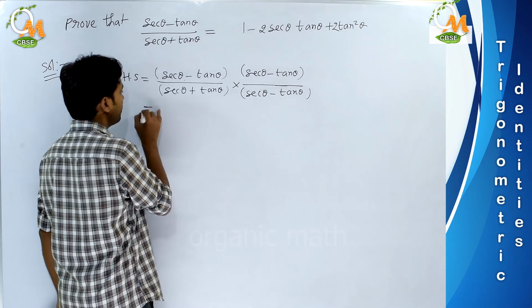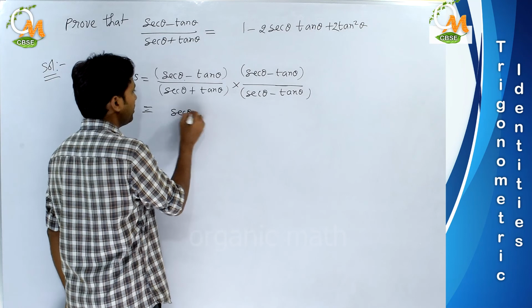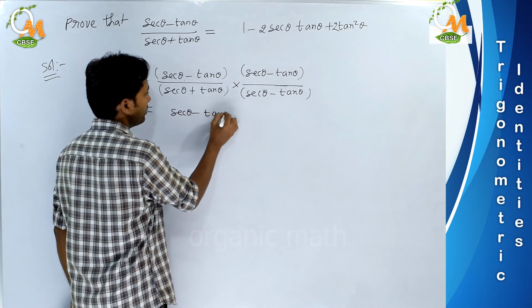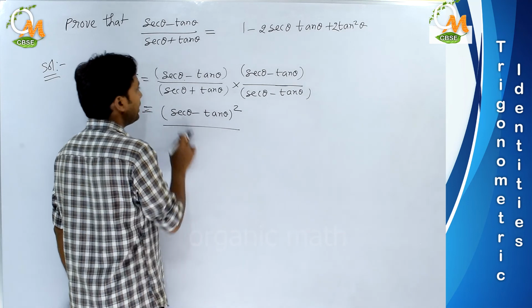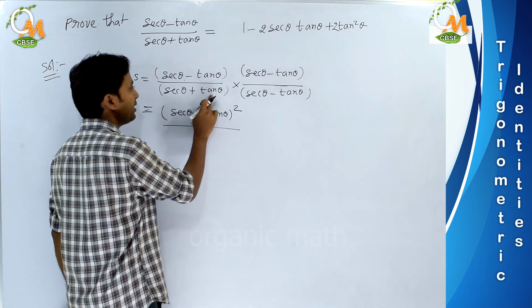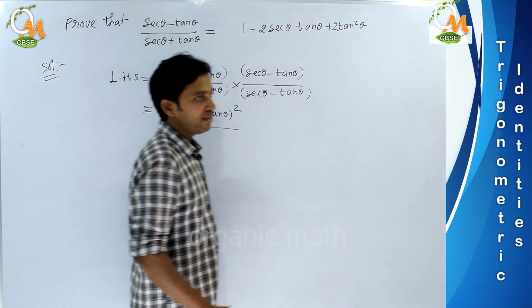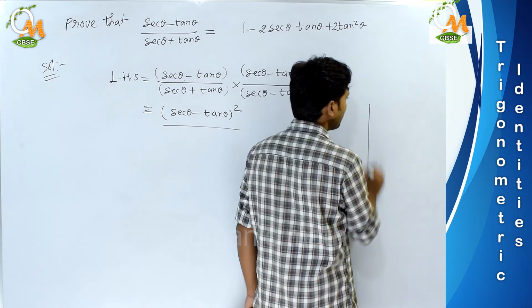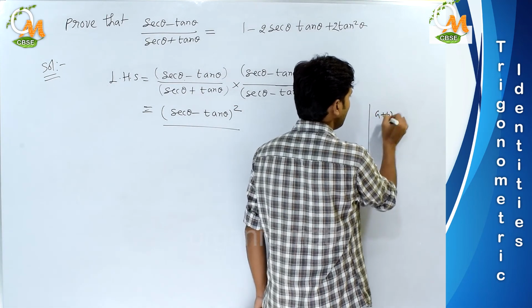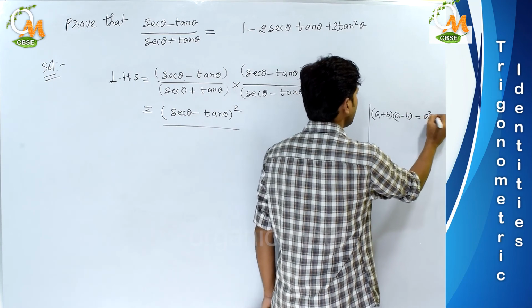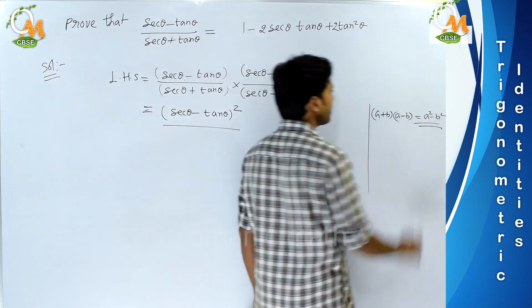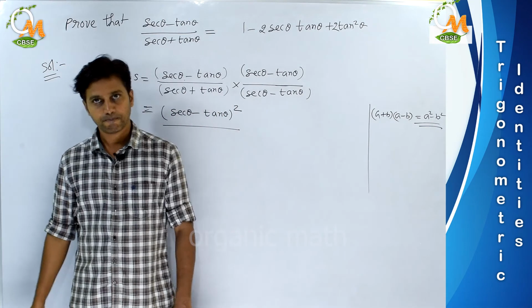So here, (secant theta minus tan theta) whole square upon (secant theta plus tan theta) into (secant theta minus tan theta), which is in the form of what? A plus b into a minus b, which can be written as what?